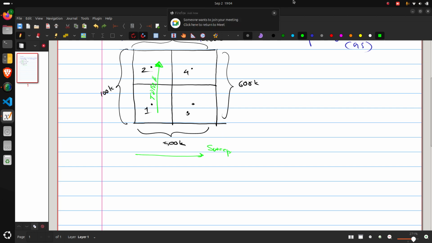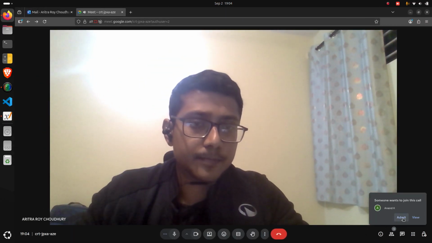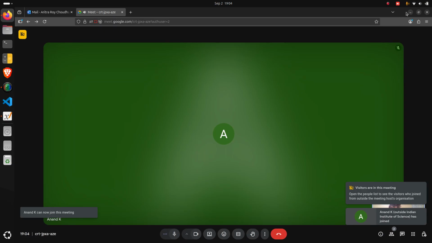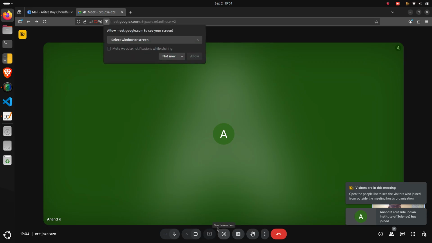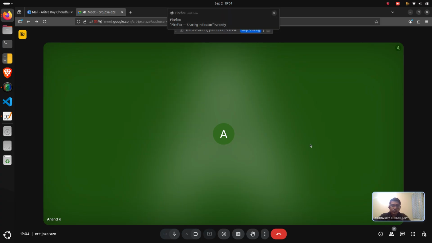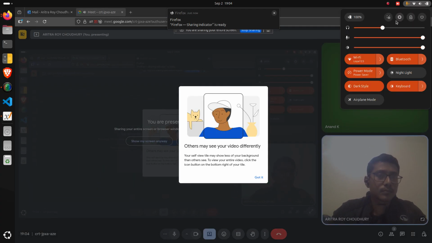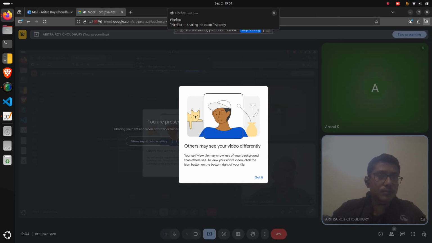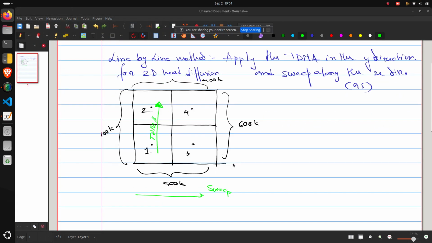So we'll try to demonstrate how the line by line method works.